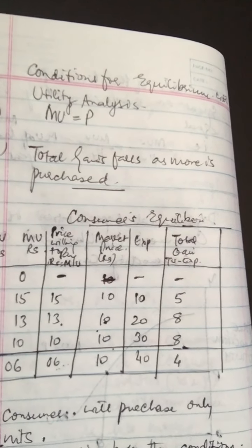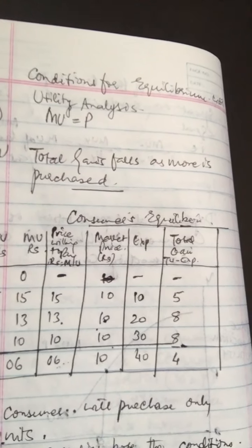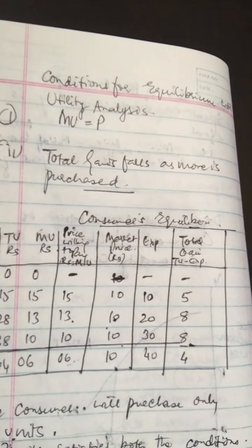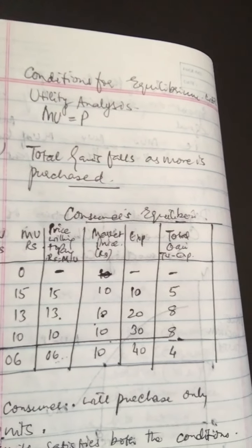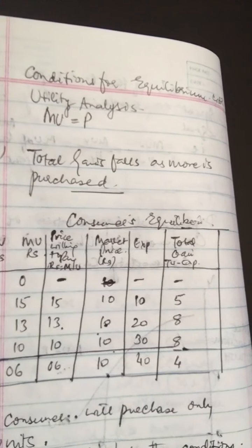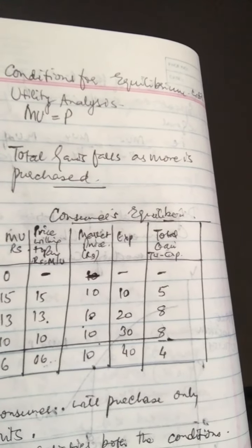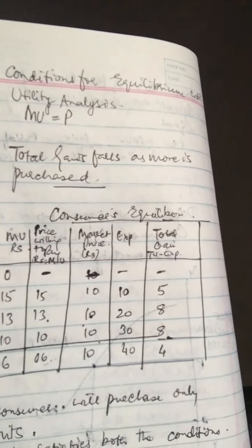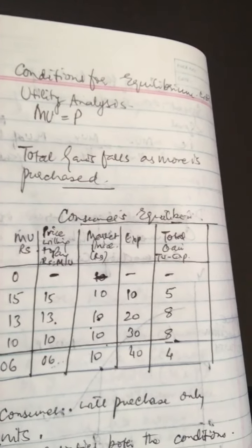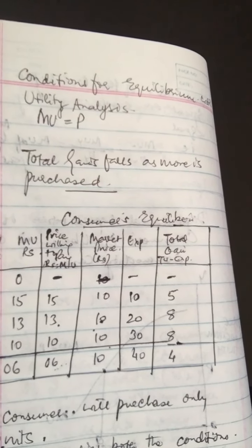Let's use the economic term marginal utility, which means marginal utility is equal to the price that he pays. So what is marginal utility? It is the addition to the total utility from the consumption of one more unit of a commodity. When a consumer buys the first unit, he moves from a position of 0 unit to 1 unit.